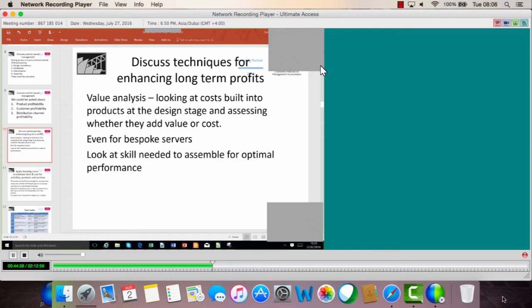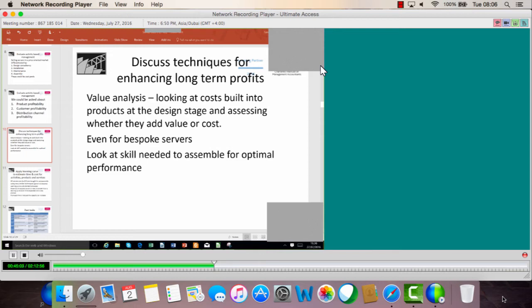But even with those, it's still worth it to carry out some value analysis to make sure that as we design those systems, they are not incorporating any costs that we don't benefit from in terms of the added value, in terms of the price.